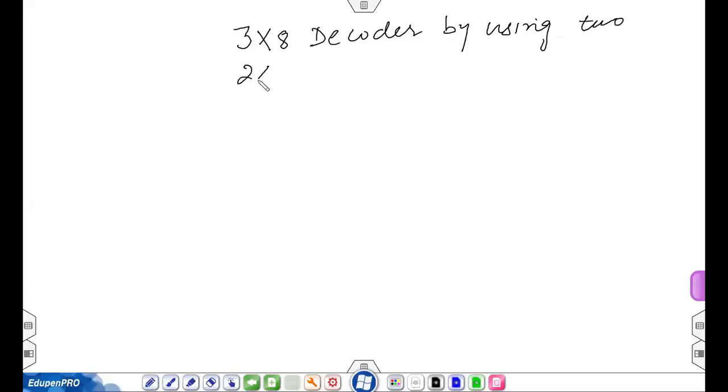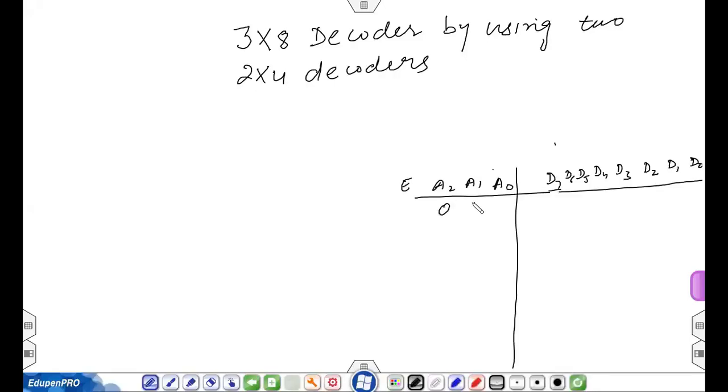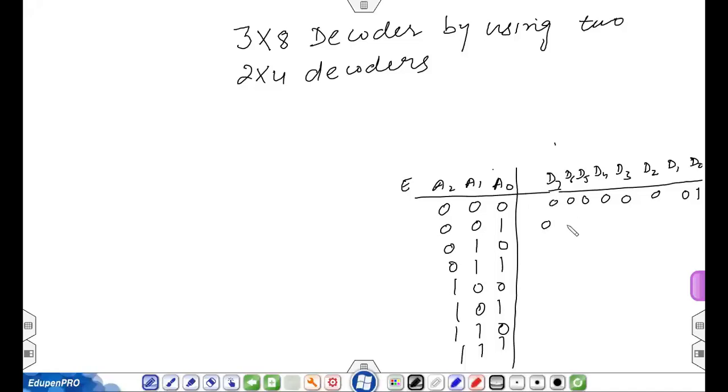Now, if you have 3 variables, how many combinations are possible? 8 combinations are possible. So these are the 8 combinations. In the first case the first output may be 1, in the second case the second output may be 1, and in the third case the third output may be 1.